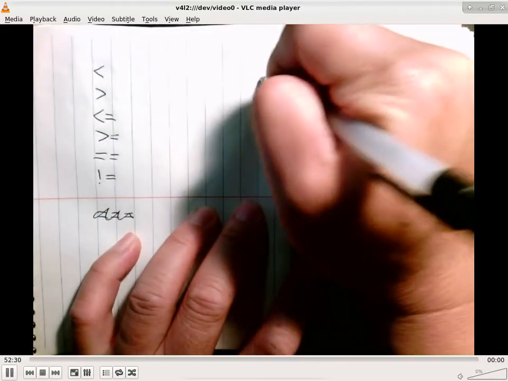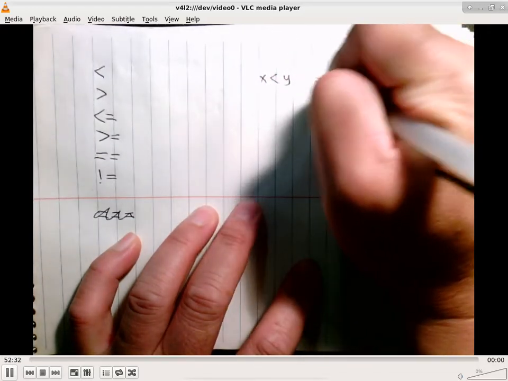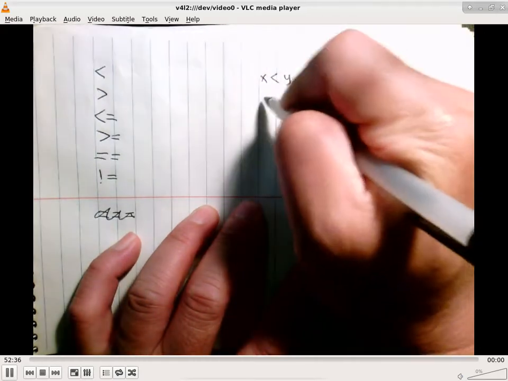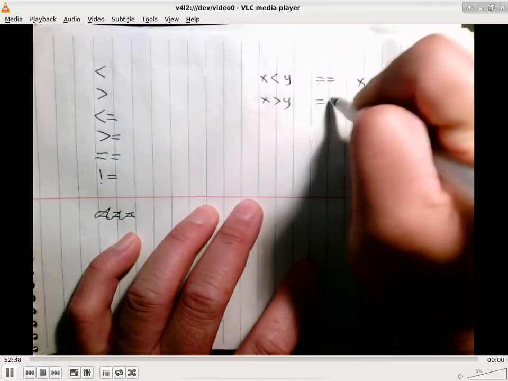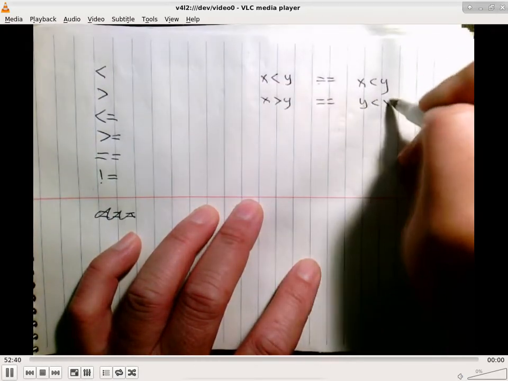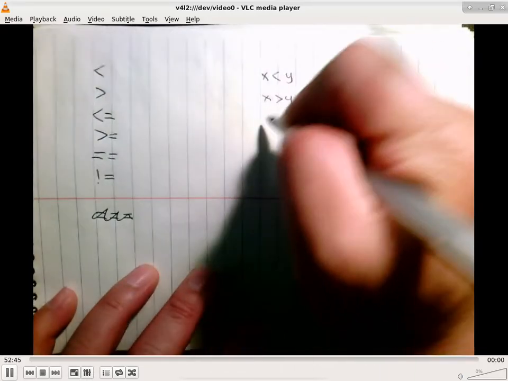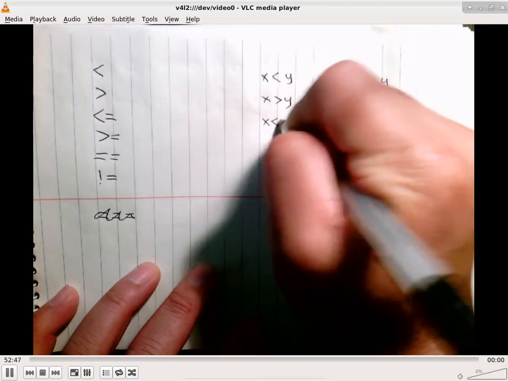So we'll say x is less than y is really just the same thing as x is less than y. That is kind of obvious. X is greater than y is the same thing as y is less than x. That's an easy one, right? What about less than or equal to? X is less than or equal to y.